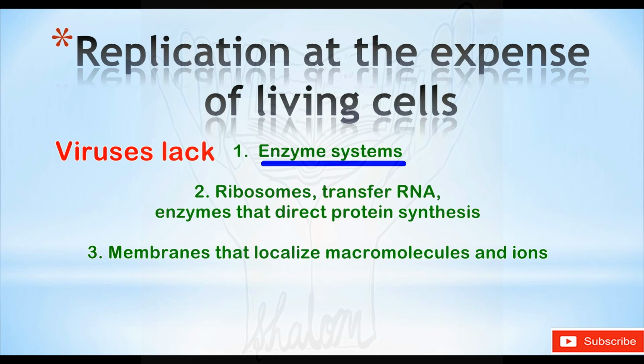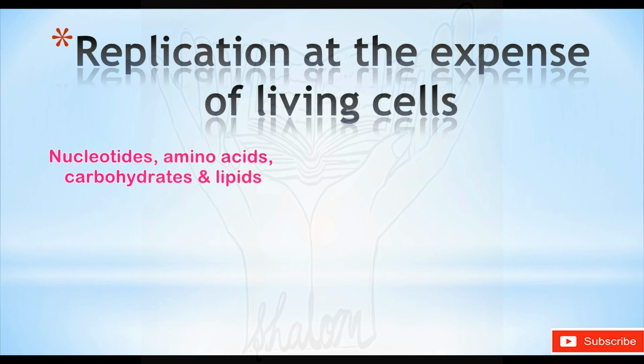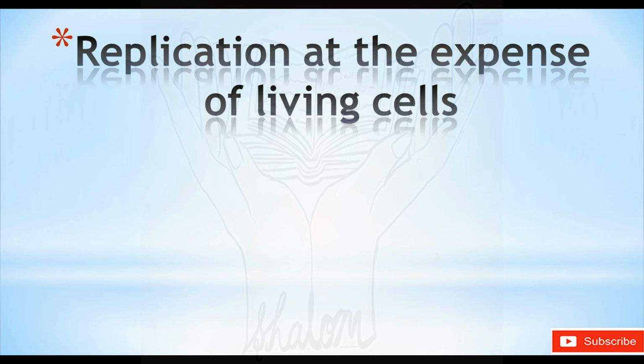Viruses lack the enzyme systems that produce the basic chemical building blocks like nucleotides, amino acids, carbohydrates and lipids. And also enzyme systems that generate usable chemical energy in the form of adenosine triphosphate, that is ATP, or by photosynthesis or by metabolism of sugars and other small molecules.